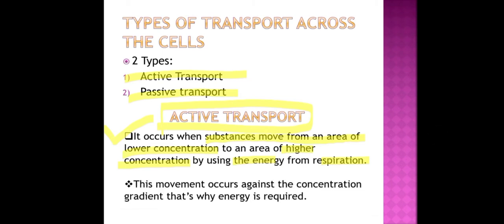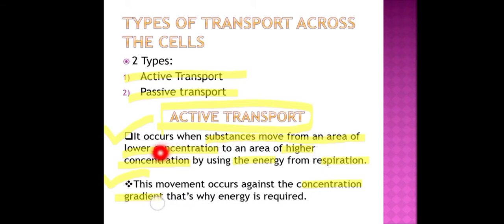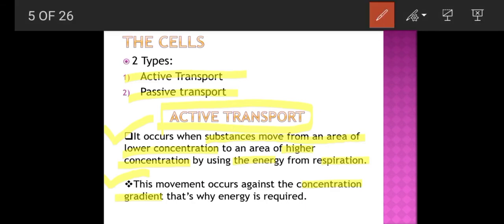As we have read, in a concentration gradient movement occurs from an area of higher concentration to an area of lower concentration, but in active transport movement occurs from lower concentration to higher concentration. So active transport is movement against the concentration gradient. That's why energy is required in active transport, which comes from respiration.